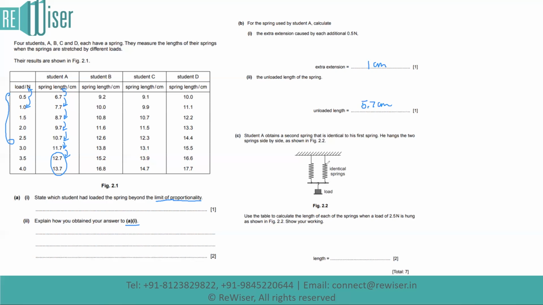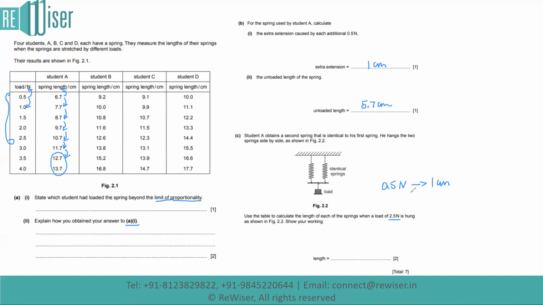We understand that the student A uses two springs instead of one, and when they use two springs having an overall load of 2.5 Newton, we know that each 0.5 Newton corresponds to 1 centimeter extension in the spring.